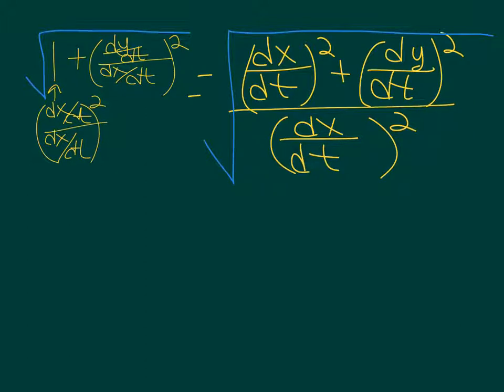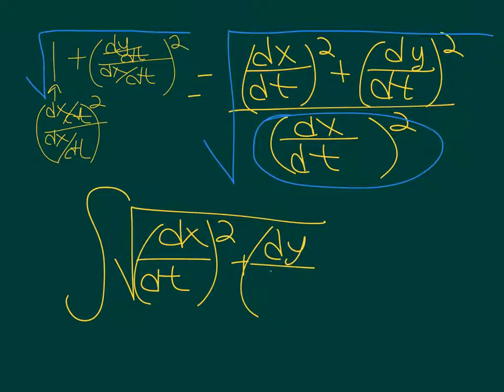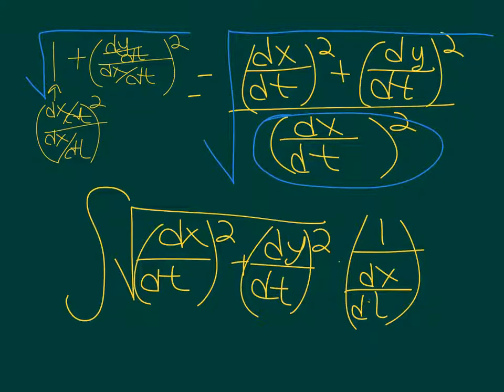So the denominator can come out of the radical and lose its square. So where are we now? Now we have the integral of the square root of dx/dt squared plus dy/dt squared times 1 over dx/dt.